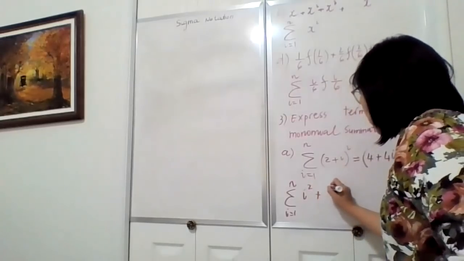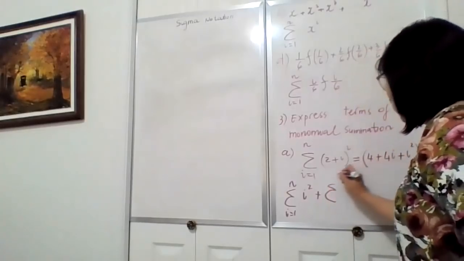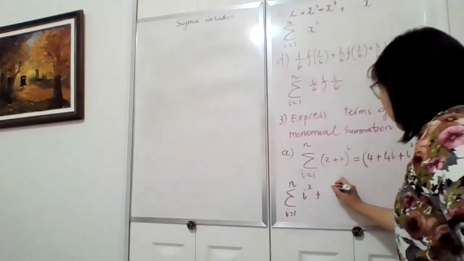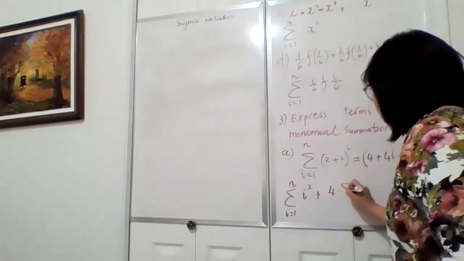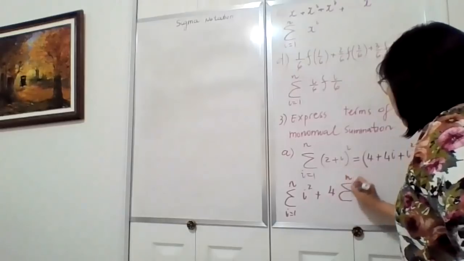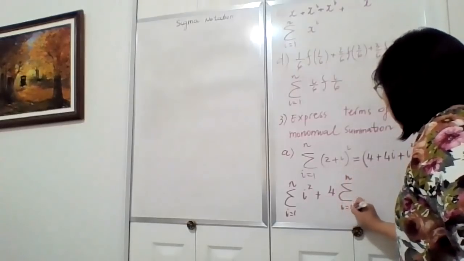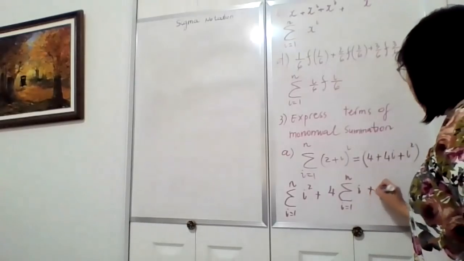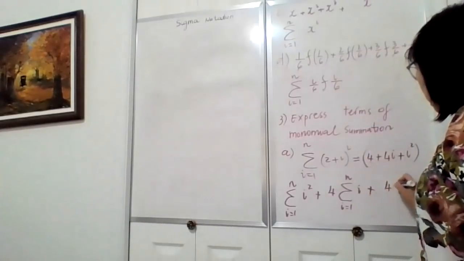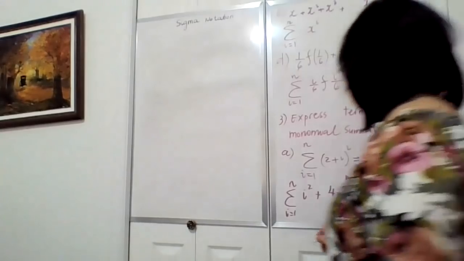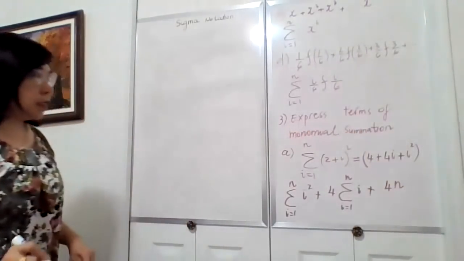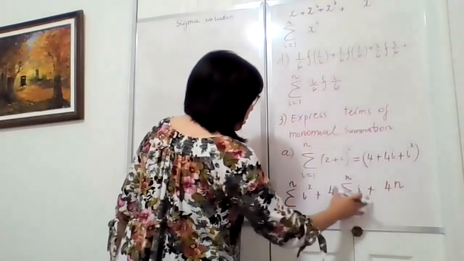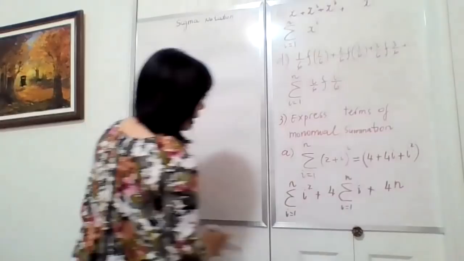Adding which, next term will be, now we can bring 4 as a constant outside, and inside we have I. Adding which, last term is 4 times n. So that's how we express the terms of monomial summation.